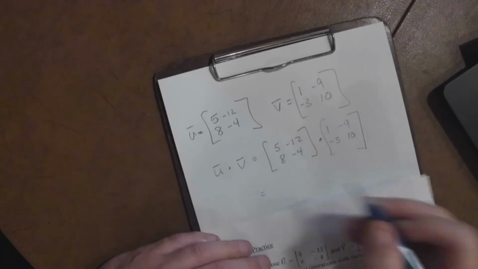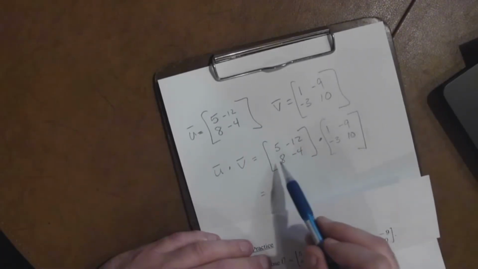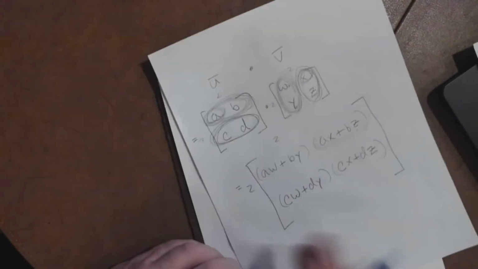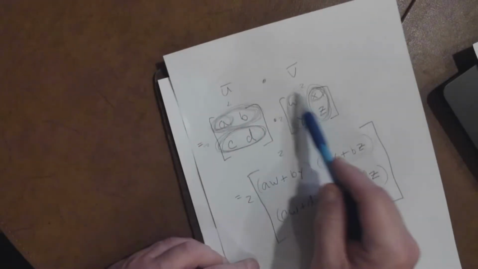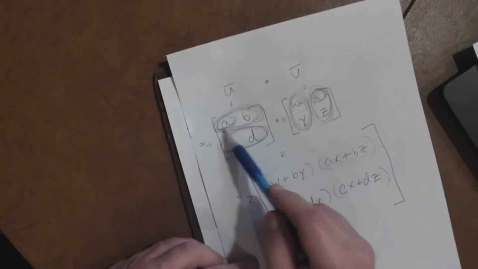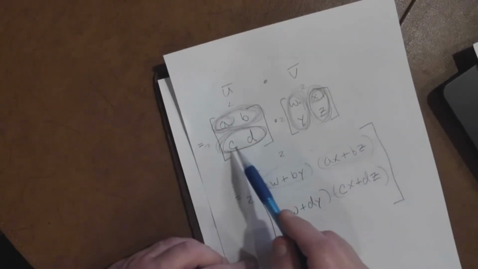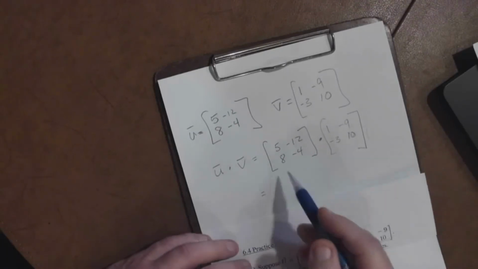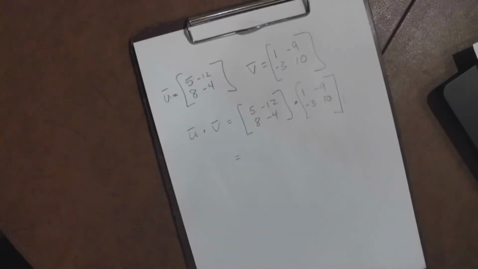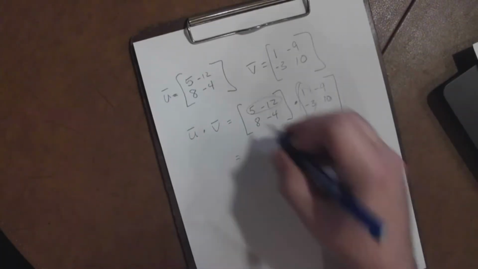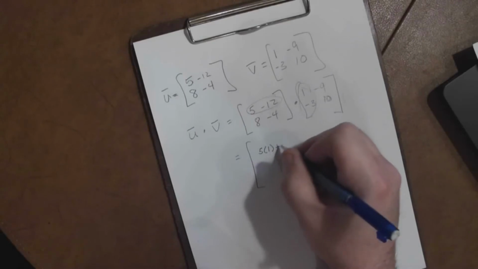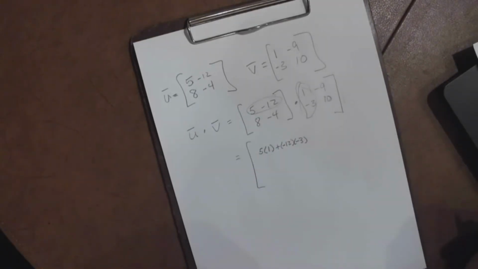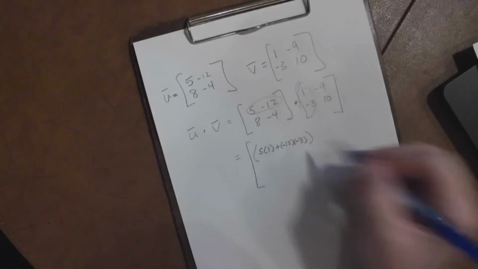Here, if we perform this pattern of calculation in this example, first row times first column in this location, first row times second column in this location, and so forth, with these two matrices, it will be the row 5, negative 12 times this column 1, negative 3. That will be 5 times 1 plus negative 12 times negative 3 for the first component.